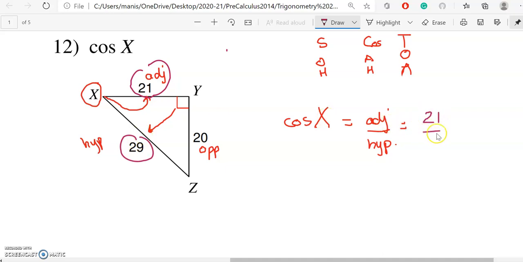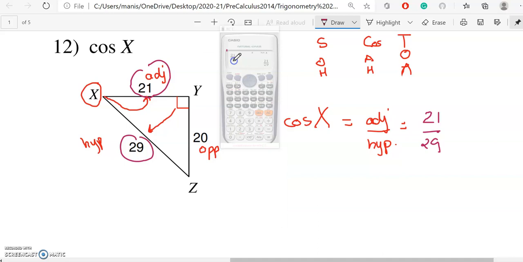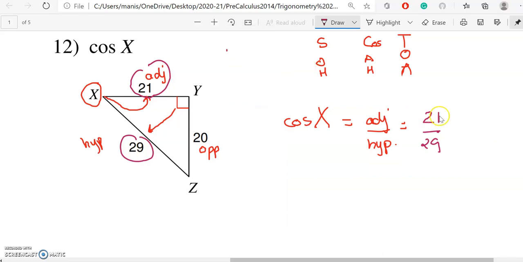So 21 over 29. Okay. Again we have to check whether this is in simplest form or not. This is my fraction button, 21 over 29. You should always check. So what is my answer? Okay, same answer. So this is in simplest form.